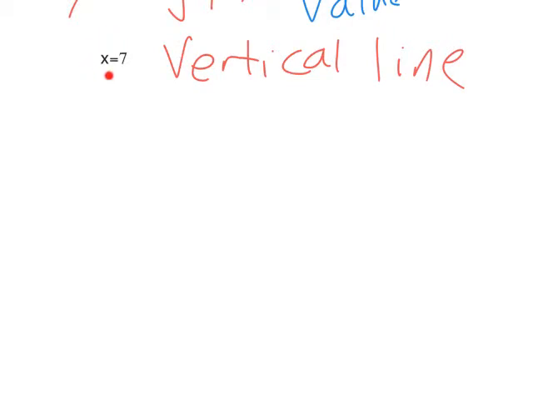That's what this means. X is always 7, no matter what y is. And so it completely violates the definition of a function, okay? You could almost call it an anti-function. It's so not a function, okay? So this one is not a function.